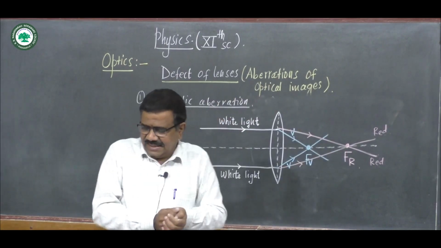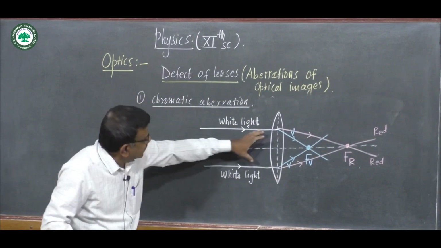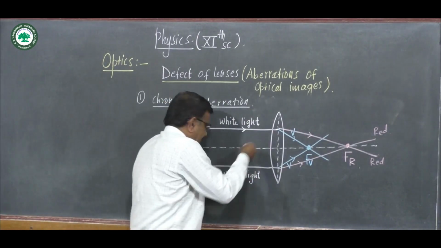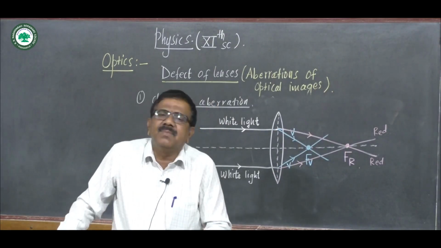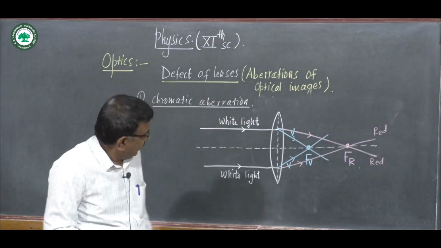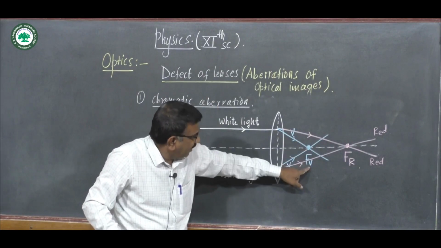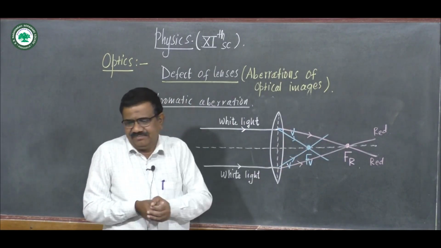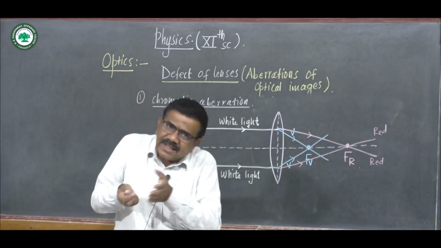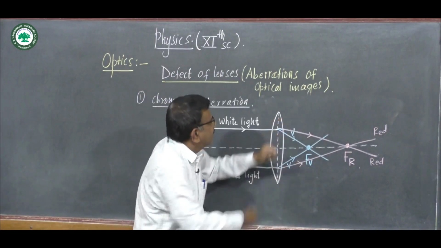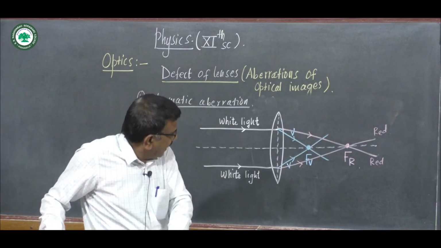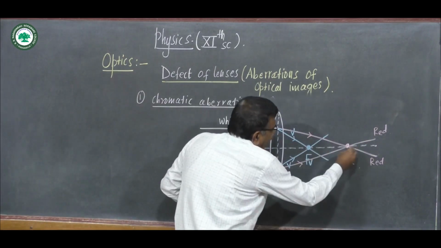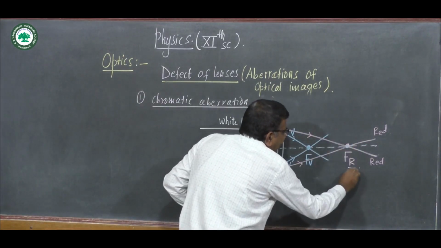So in this aberration, parallel polychromatic light is incident on the lens. The deviation of violet color is maximum. They converge more and we get the image at FV, the focus for the violet. The red rays converge less, minimum deviation we say, and produce the image further away, and they come to focus at FR.